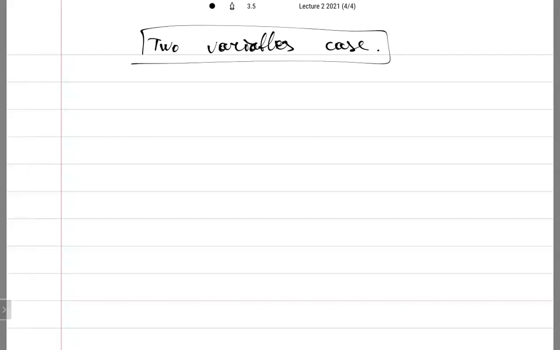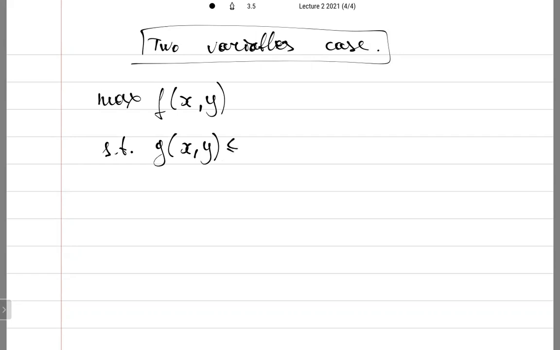Imagine that we have a problem of maximization of some function f of x and y. And now we have an inequality constraint. Let's say g of x and y is less than, I like 5.